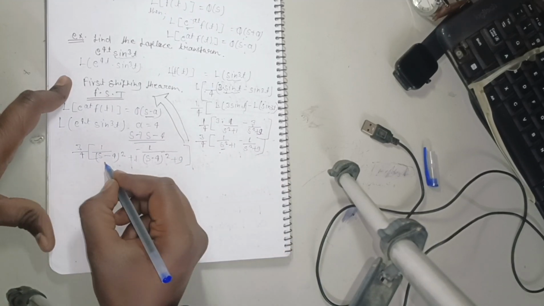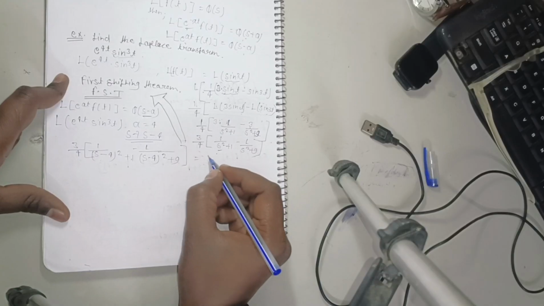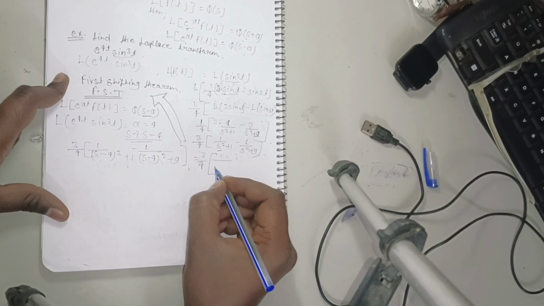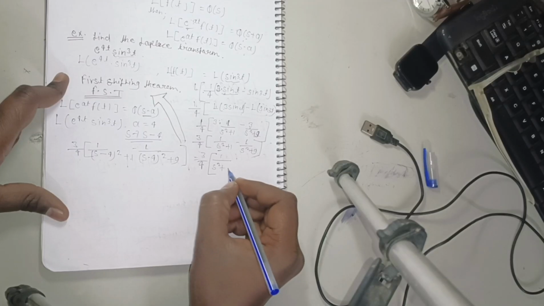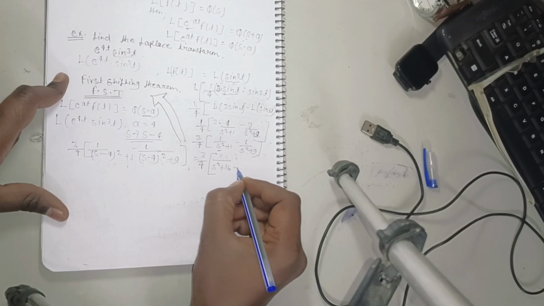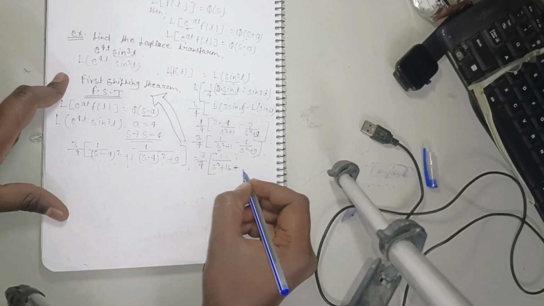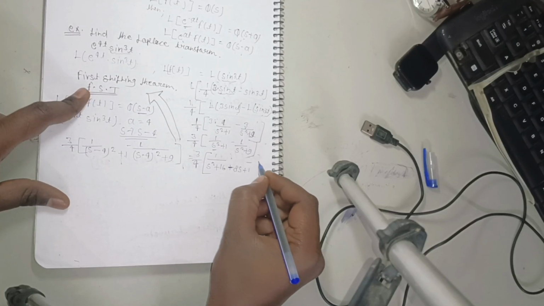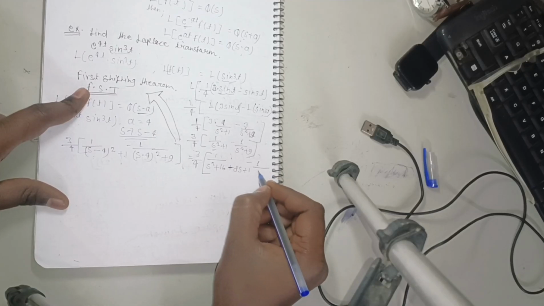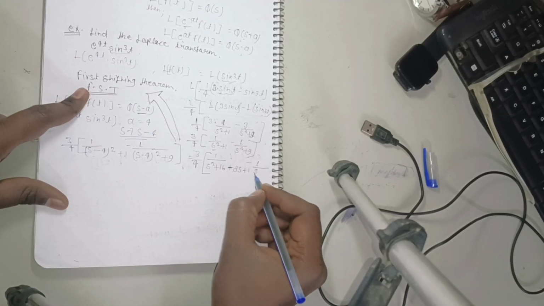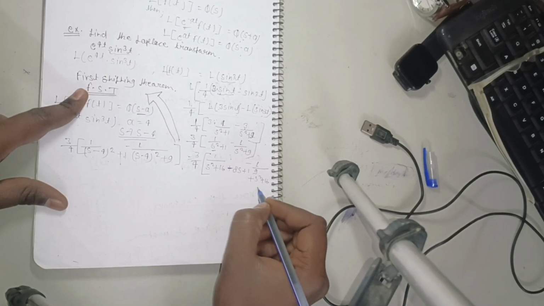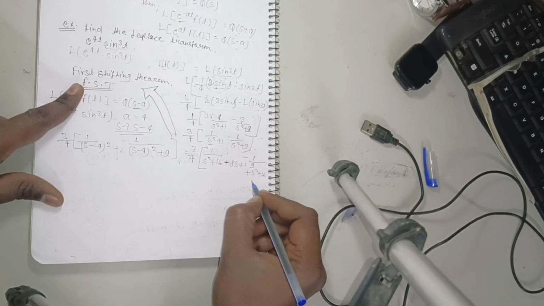Now I can also open it using the (a minus b) square formula. So 3 upon 4 into 1 upon s square minus 8s plus 16 plus 1 minus 1 upon s square minus 8s plus 16 plus 9.